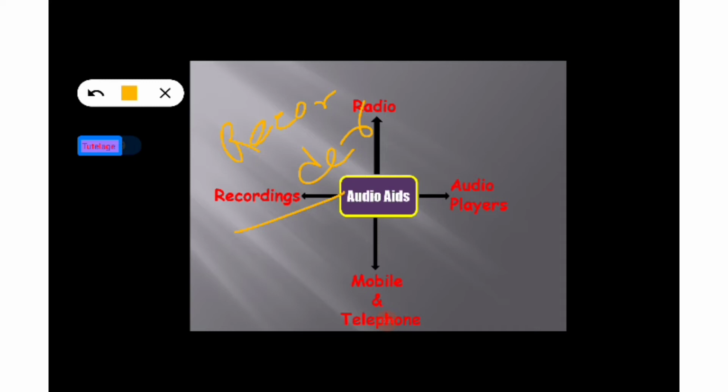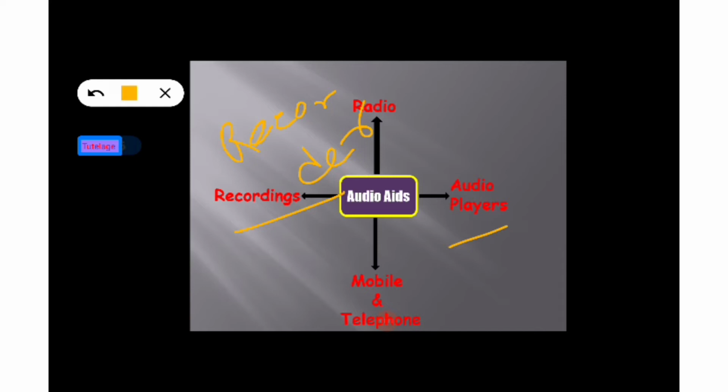Recordings can be saved for personal use, or shared with others as well. They can be streamed on radio or through audio players also. That's why audio players are one of the most important teaching aids in the teaching learning process, and it helps to maximize its reach. And there are special recorders available in the market to serve the purpose.